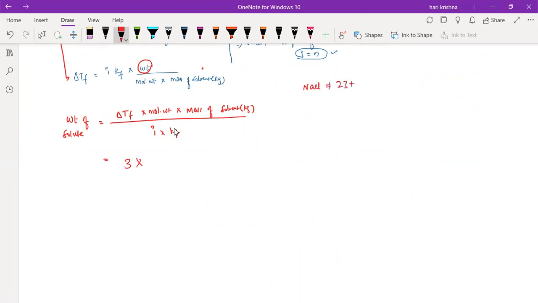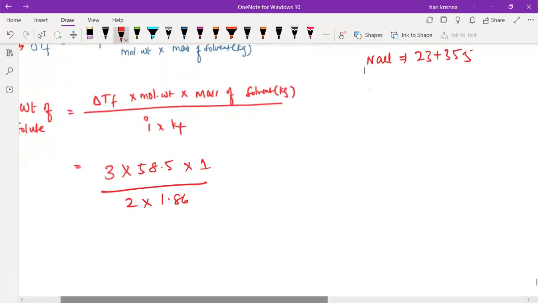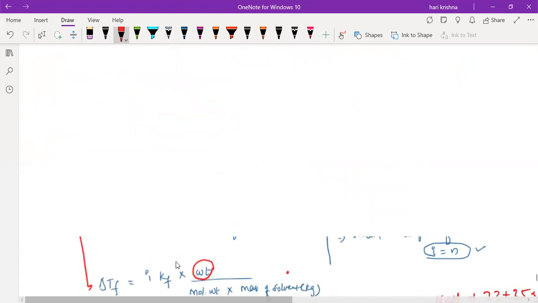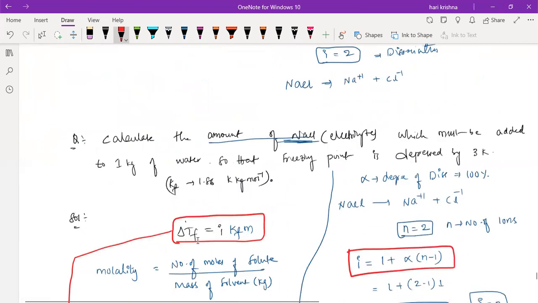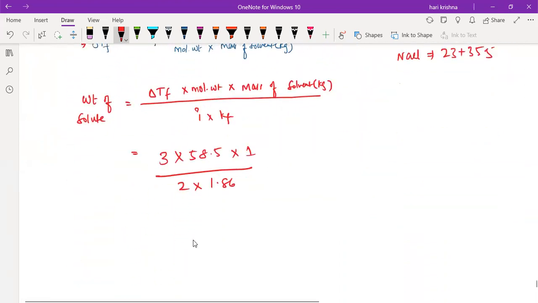Sodium is 23, chlorine is 35.5, so 58.5 into mass of solvent, which is 1 kg of water, by i value, which is 2. Kf is 1.86. What is the answer?